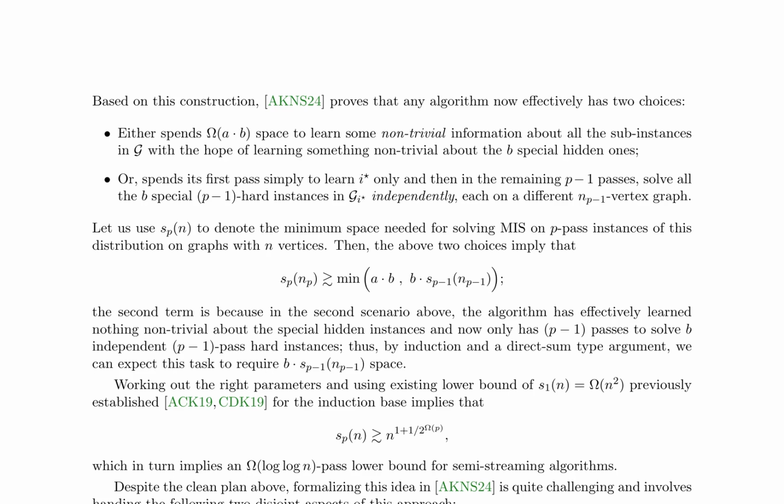This leads to a minimum space requirement of min(A, B), where S_P(n) denotes the minimum space needed for solving MIS on P-pass instances of this distribution on graphs with n vertices.